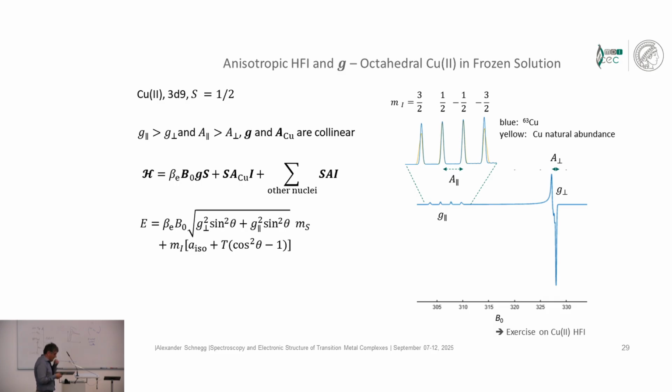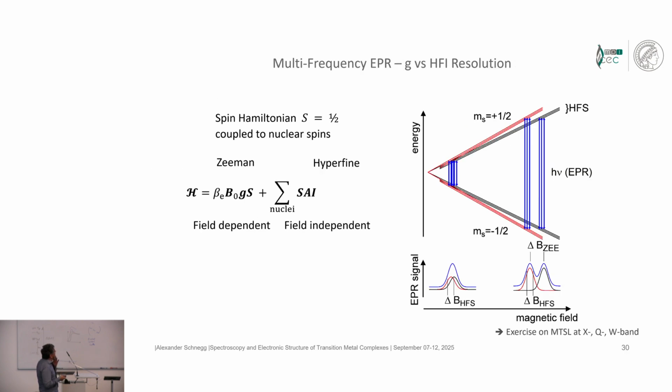Here in this case we have a super nice G-tensor resolution. However, in many cases, in particular for radicals, the G-tensor is not resolved in the so-called X-band spectrum. X-band is the frequency which we usually use in EPR spectroscopy.